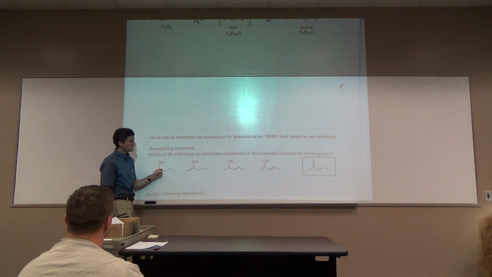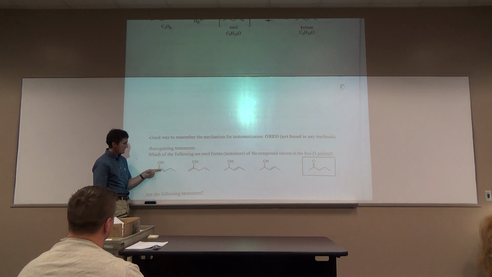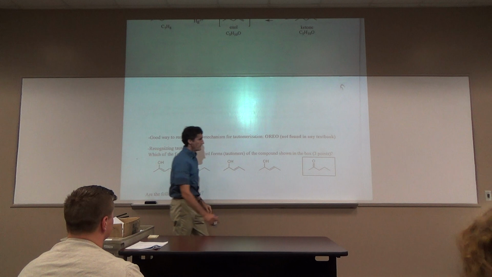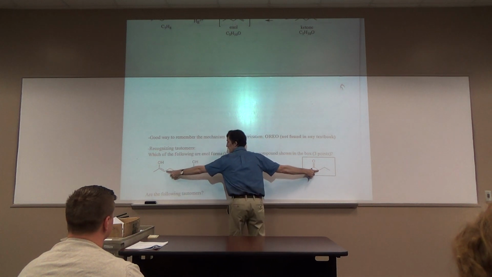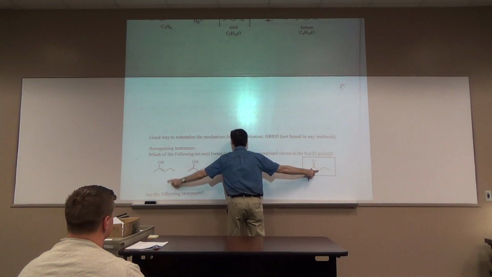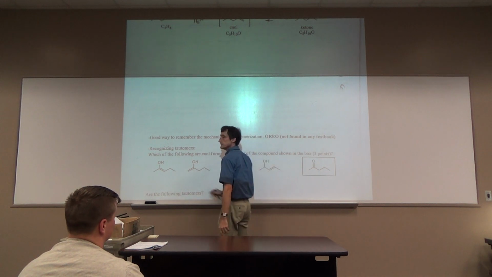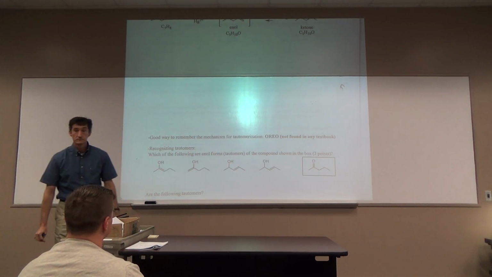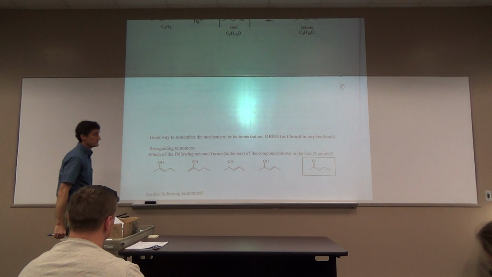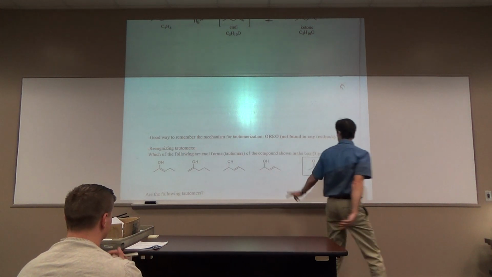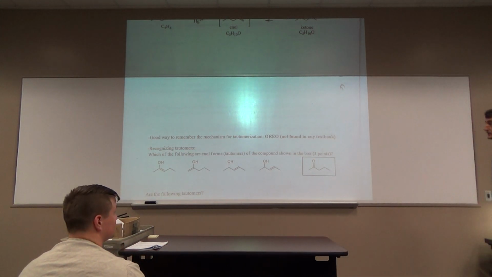Is that what's going on if you go from there? Yeah. The pi bond has been relocated, and if you look at it, one H has been moved from there. There's two. Now how many here? Only one. That one H has been moved here. There you go. Yeah, the first two are both enol tautomers of the compound in the box.